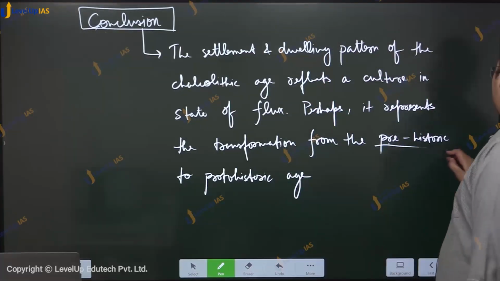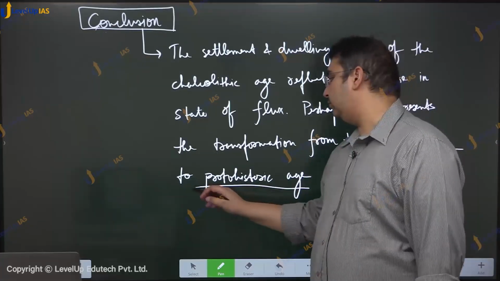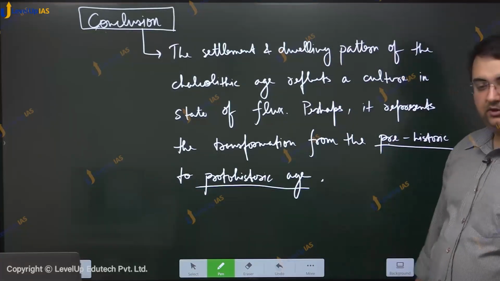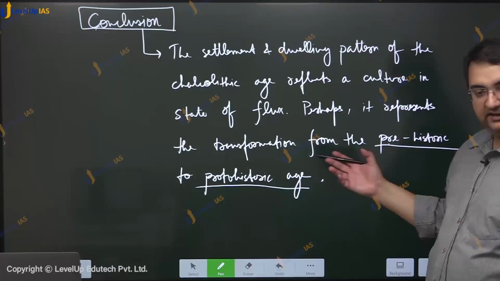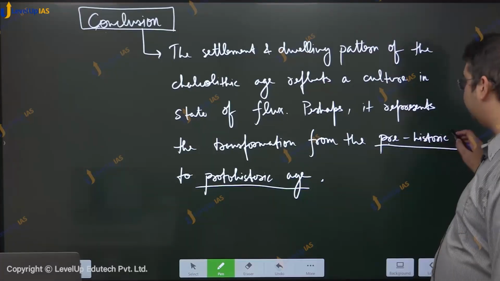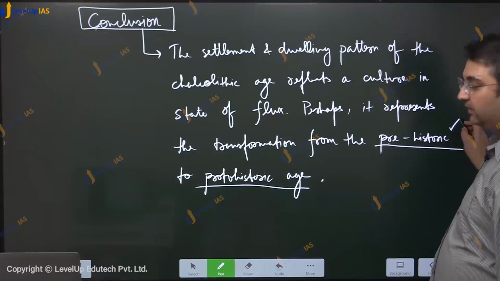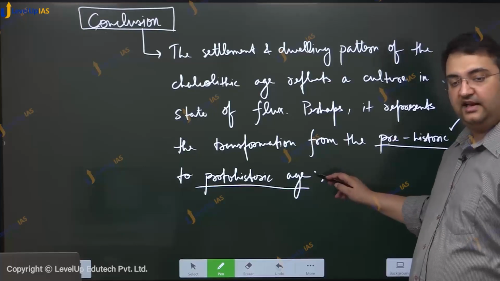Okay? Why are we saying prehistoric to proto-historic? Because some elements of the settlement and dwelling pattern resemble the same as the Neolithic age, while some represent the civilizational age.